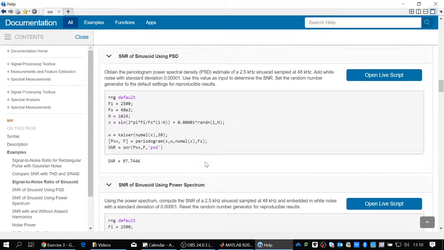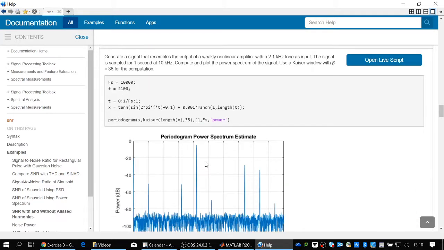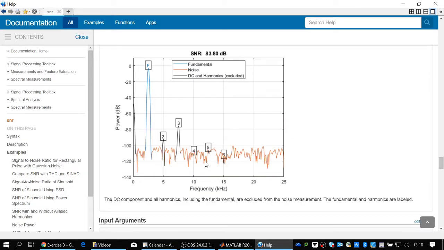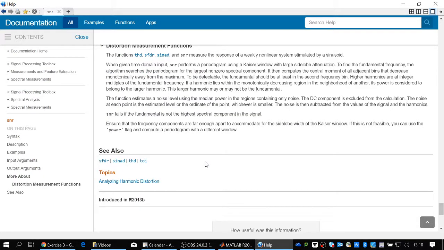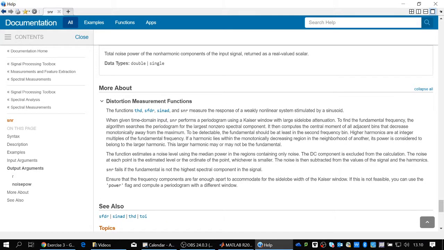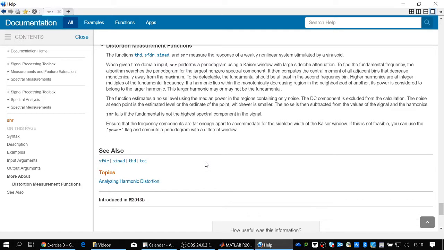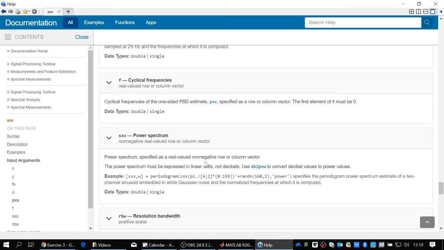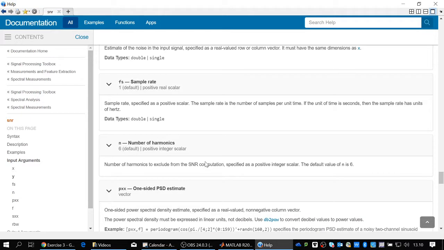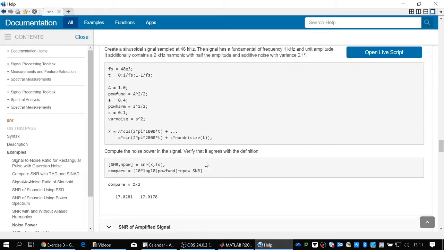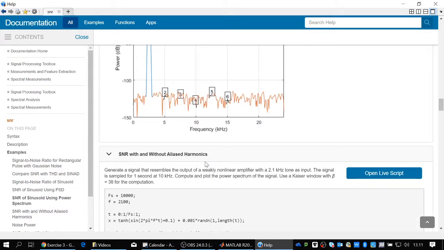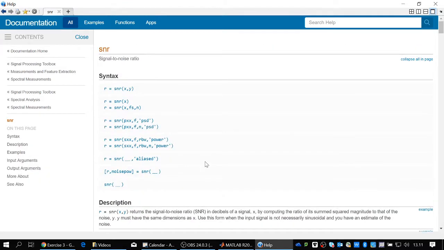How was it that I can add some noise to this signal? Input arguments. Shoot, why don't I see it here? There was a way to add a certain amount of noise to the signal, but I don't see it now here.